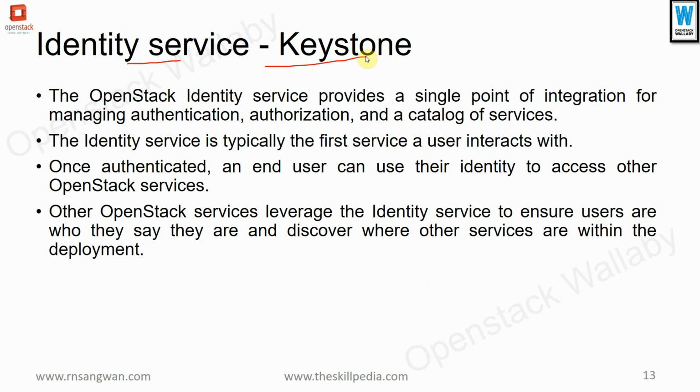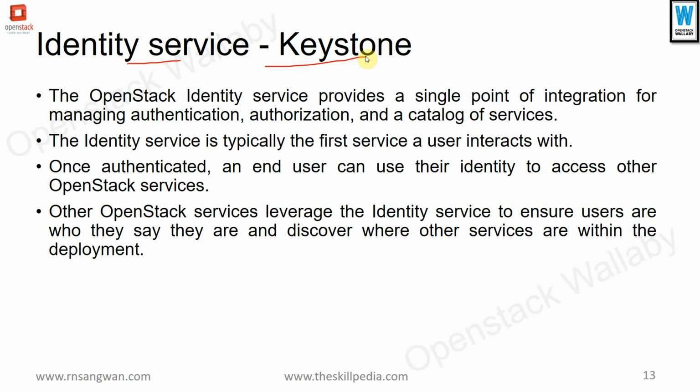This service is typically the first service a user interacts with, as I said. Any request through the command line or through the dashboard is handled by Keystone first. Once you are identified, a token will be issued to you. So any request which you send to the cloud, like you want to launch an instance, the request will go to Nova.